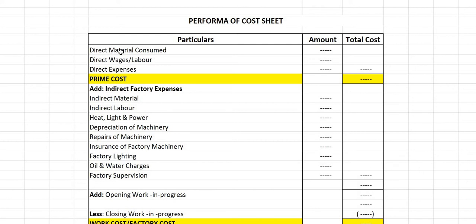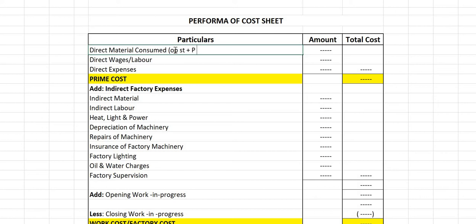be only the direct material purchased. It should be direct material consumed, that means whatever material we have consumed for producing the product. For calculating the direct material consumed, first of all we have to add the opening stock. In the opening stock we have to add purchases.